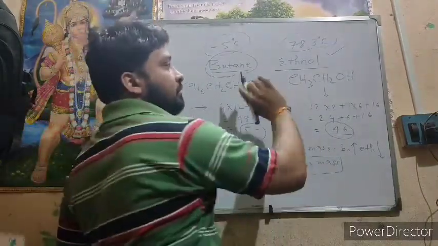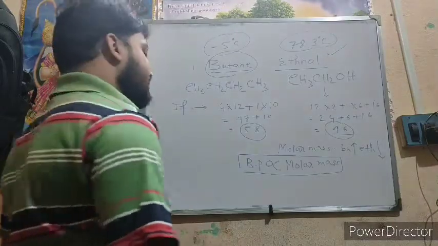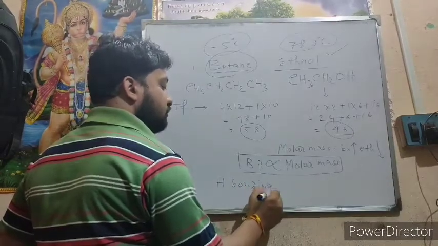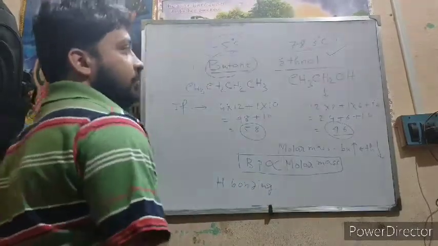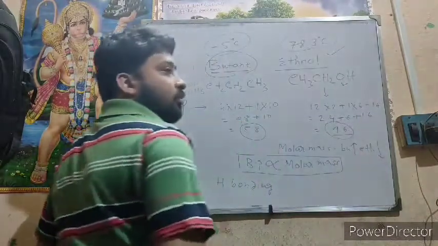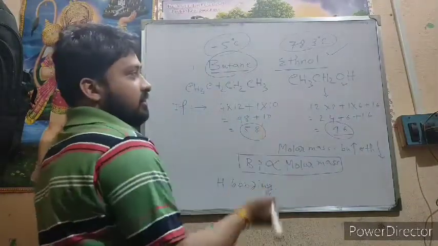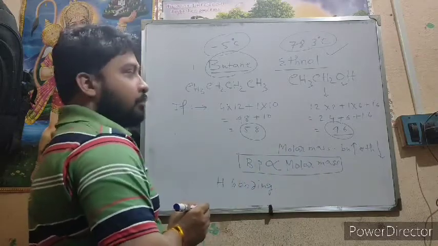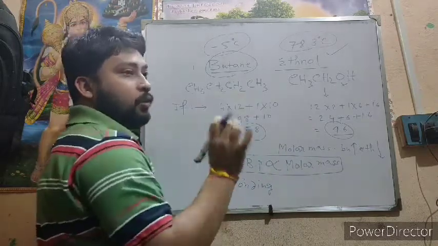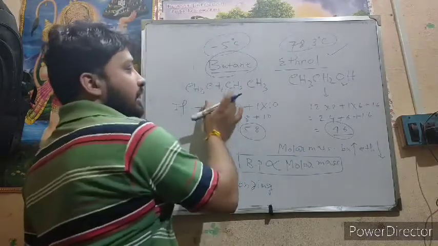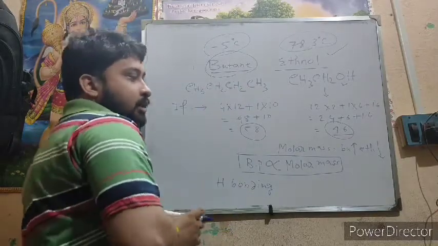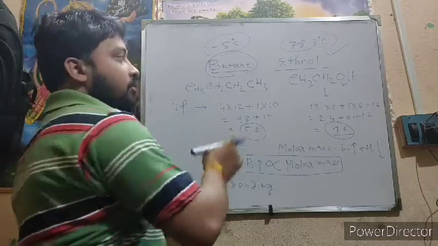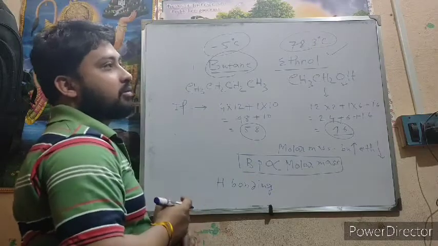So what is the reason behind this? The reason is hydrogen bonding. There is oxygen in ethanol, and oxygen is an electronegative element, so it can form hydrogen bonds. But in butane there is only weak van der Waals force of attraction, so it cannot form hydrogen bonds.